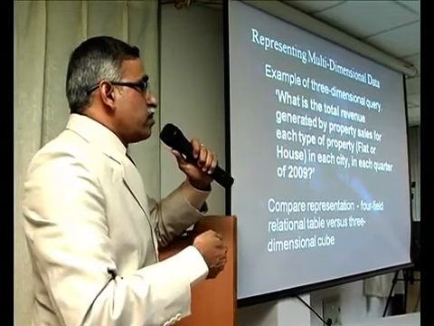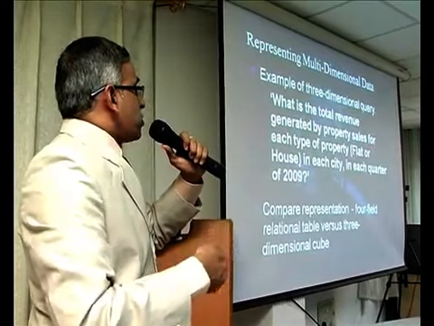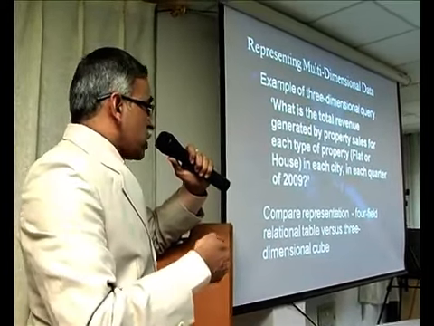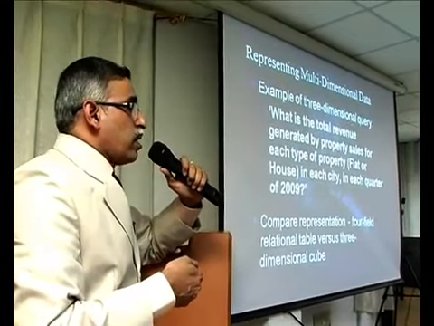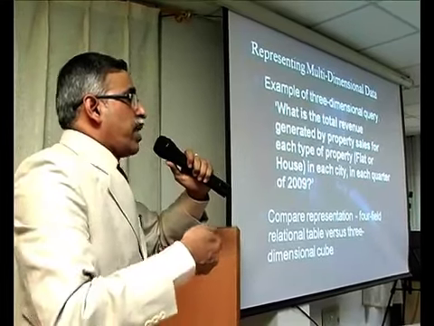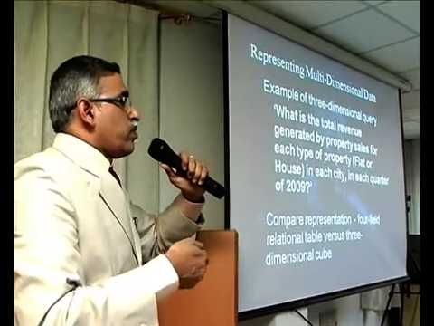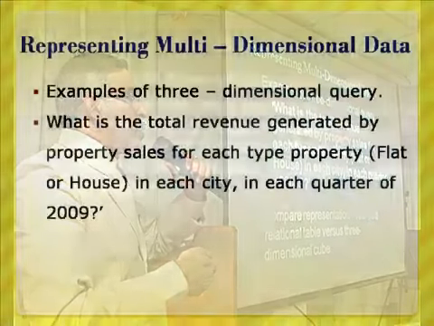Can anybody answer? How many columns are required here to store the results for this query? 4 columns. When one dimension is added, 3 plus 1, 4 columns. Out of 4, 3 columns are for representing the dimensions, 1 column for representing the measure.